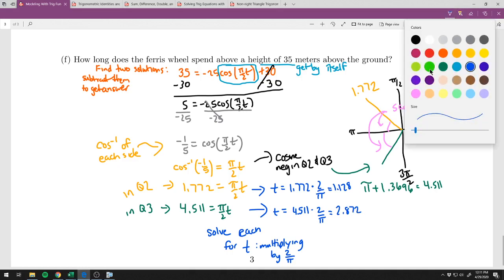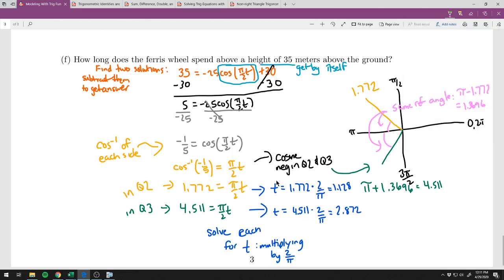So we look here and we see the first, this is telling us how long the Ferris wheel first takes to get to a height of 35. And this is how long it takes the second time to get to a height of 35 meters. But like we wrote over here, we got our two answers. Now we subtract to get our final answer.